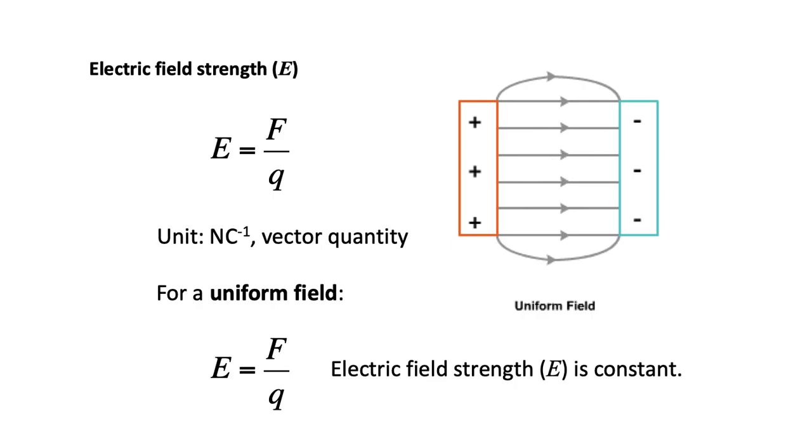Between two plates, you have a uniform field, uniform density of the field lines. Therefore, the electric field strength in newtons per coulomb is the same anywhere between those plates. That does not necessarily apply at the ends where we have the end effect, but in the center between the plates, it does apply.